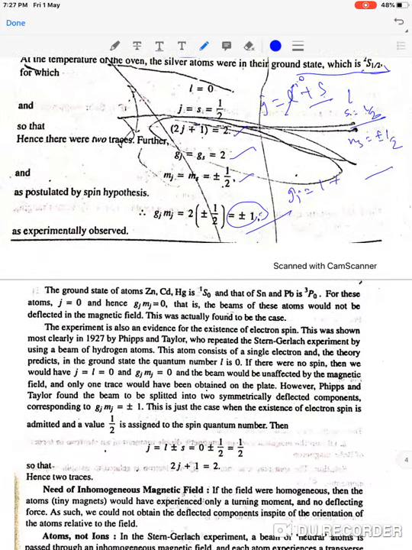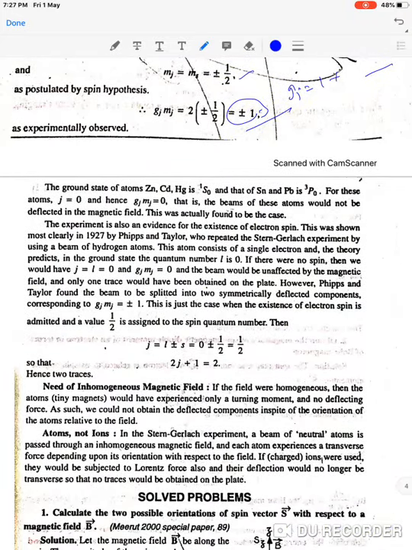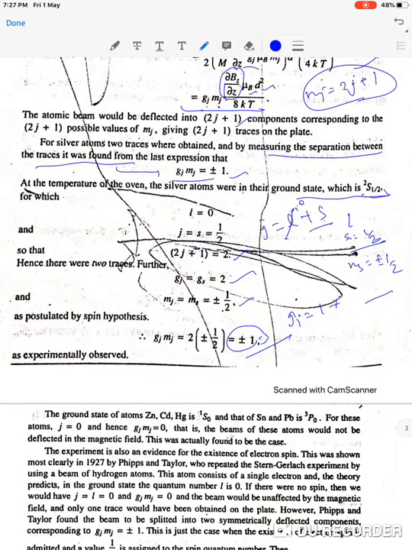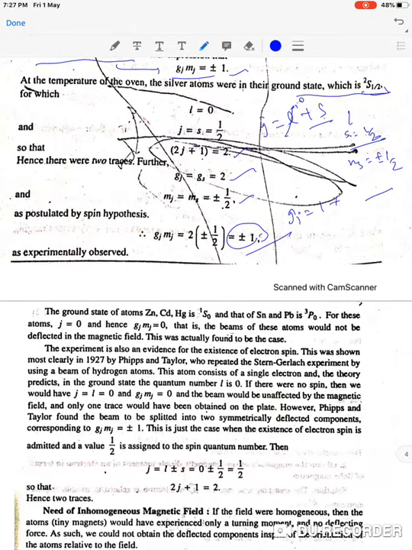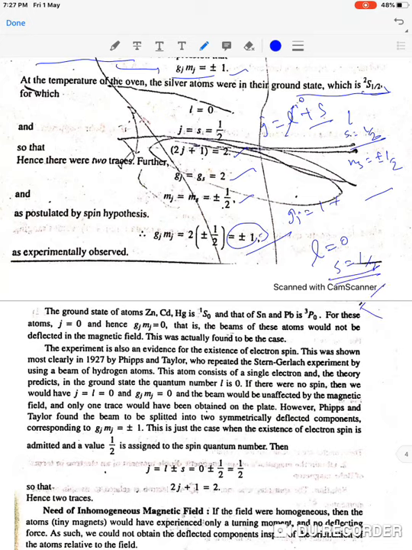So this was our total discussion on the Stern-Gerlach experiment, that in the ground state we will have this, and this can also explain the spin factor, that the electron in ground state having L equal to 0, S equal to half, the space quantization will be something like this, plus half and minus half depending on the ms values.